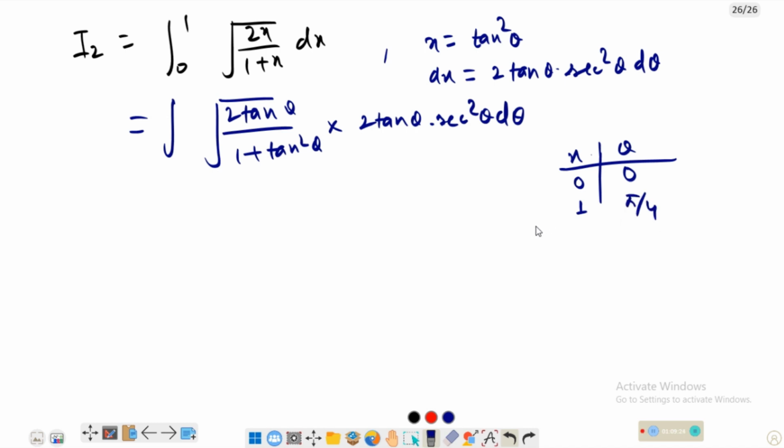So this is 0 to pi by 4. This is tan square, so root of tan square theta is basically modulus of tan theta, but between 0 to pi by 4 tan theta is positive, so there is no meaning of modulus.